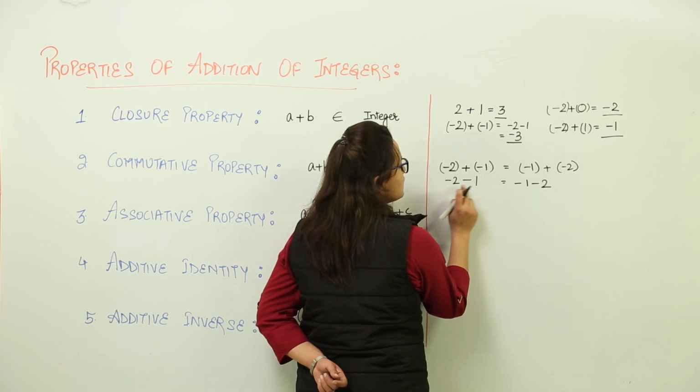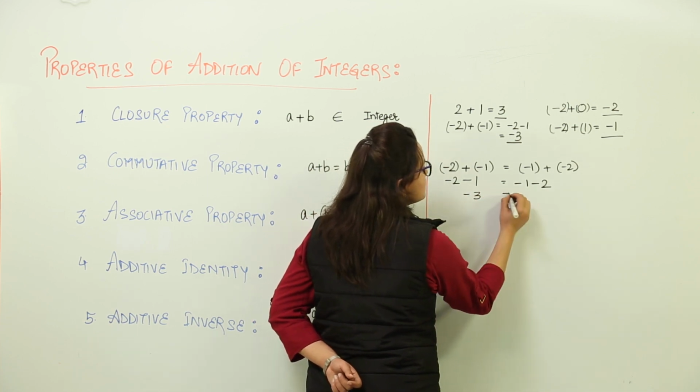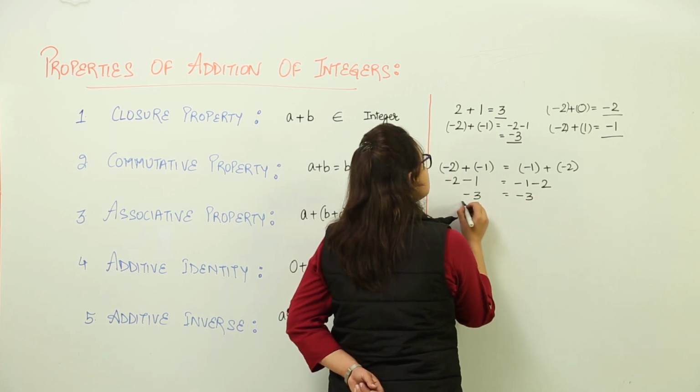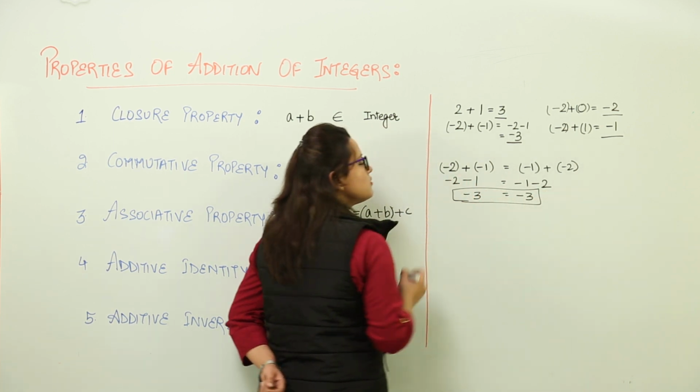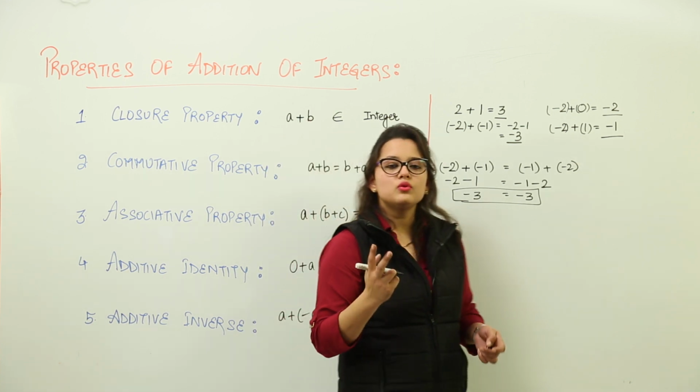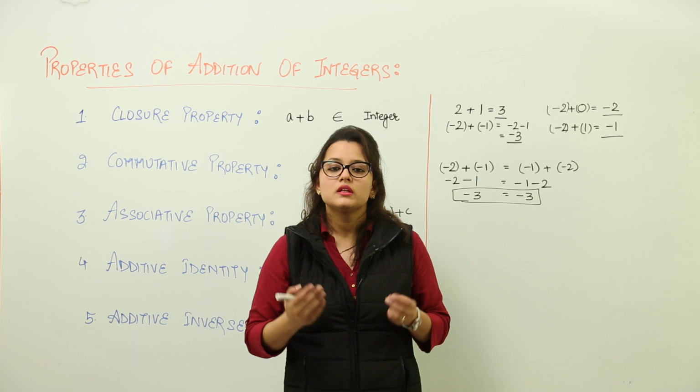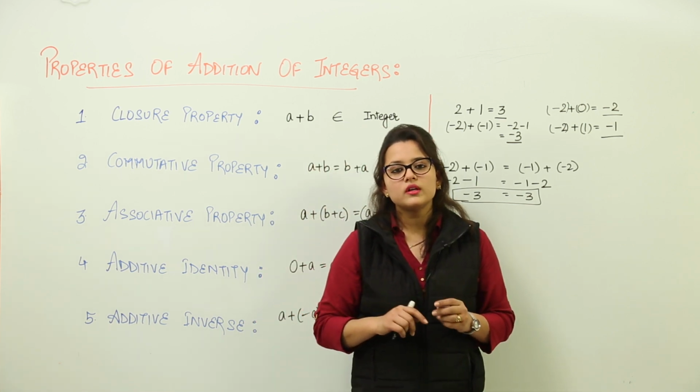So here we get minus 2 minus 1 as minus 3 and minus 1 minus 2 as minus 3. That means this is also coming out to be true, right? So for any two integers addition or any 3 or 4 integers addition, the order of addition is not important.